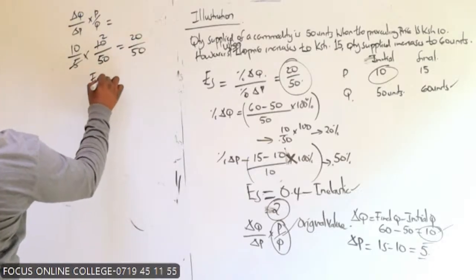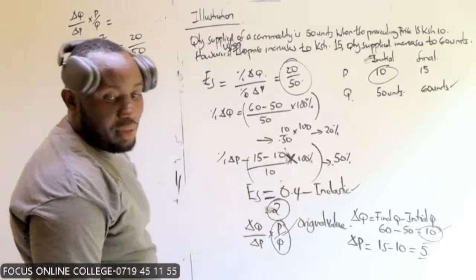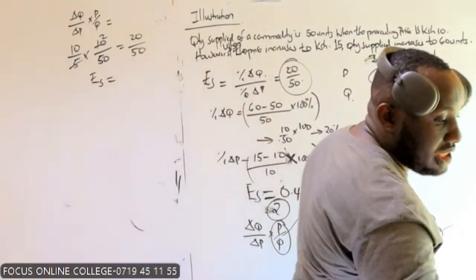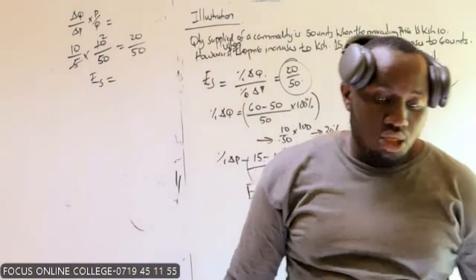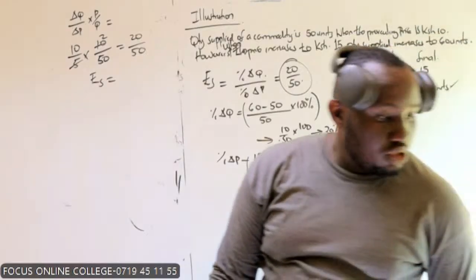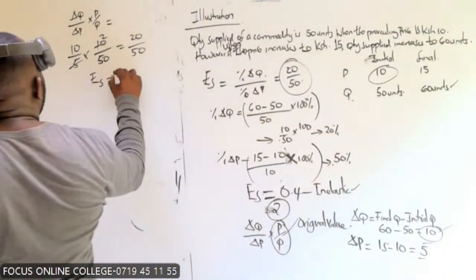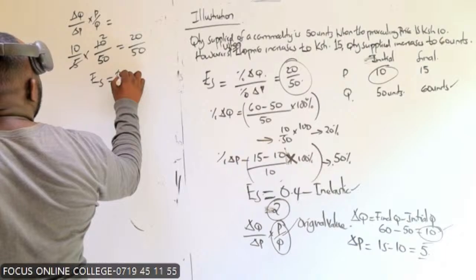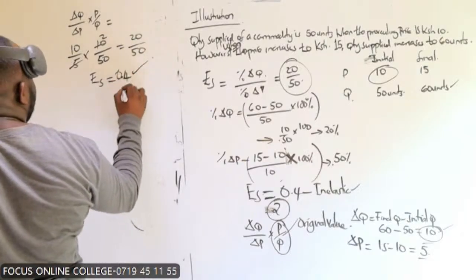So what is the elasticity of supply? We have the same thing, which proves that our formula is on point. The two formulas are on point because we're getting the same.